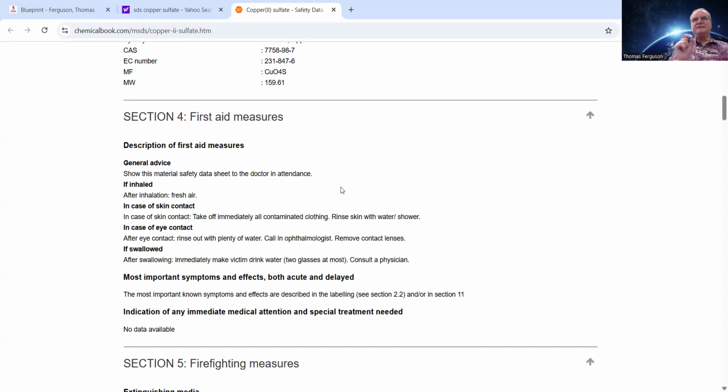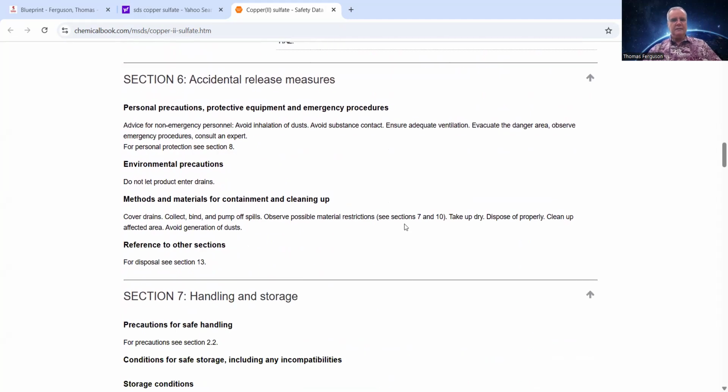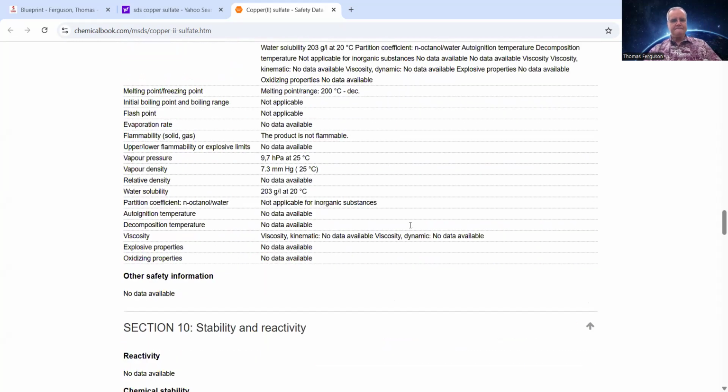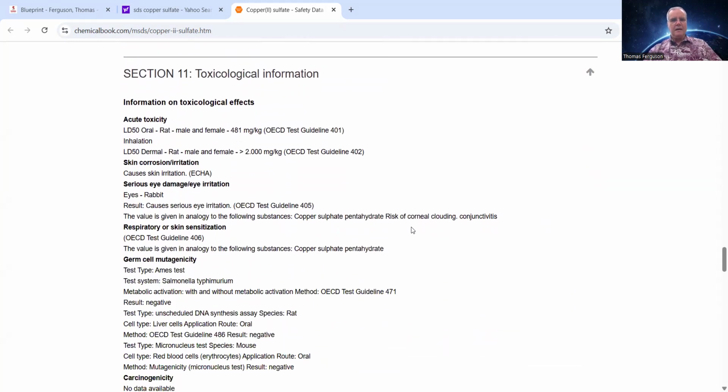Now, if you're pregnant, trying to become pregnant, or breastfeeding, you need to go to section 11 on toxicology. Will this cause birth defects? It's in this section here, section 11.